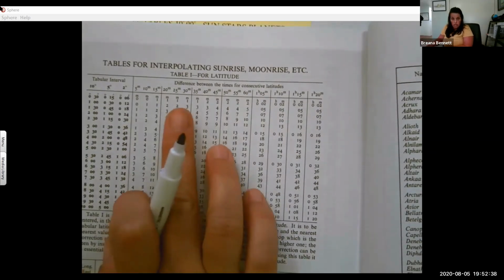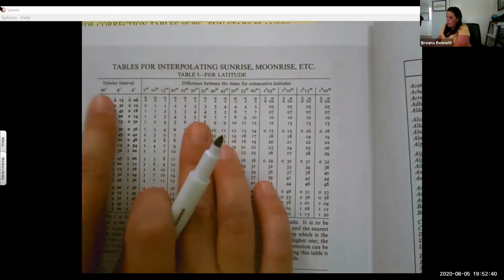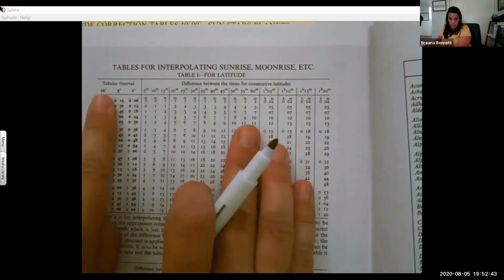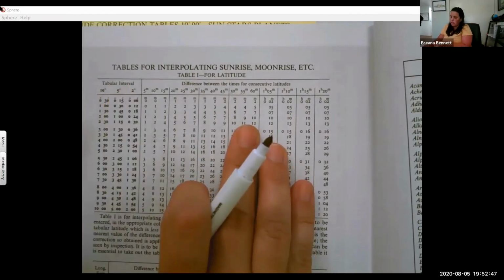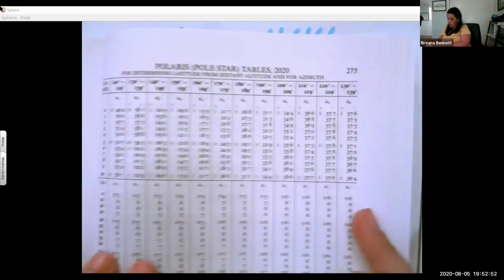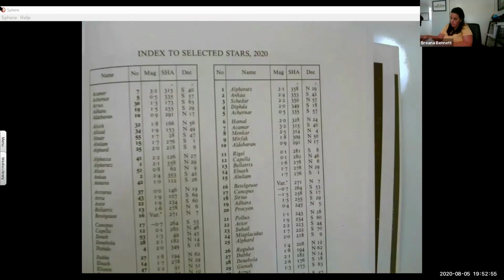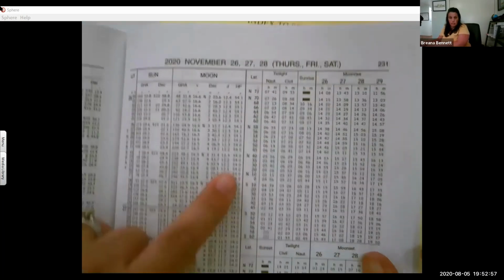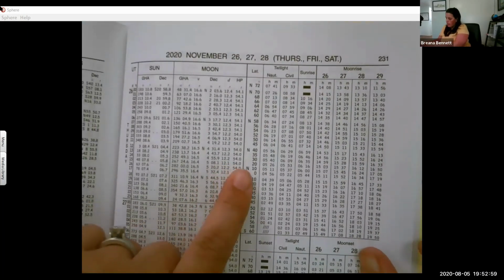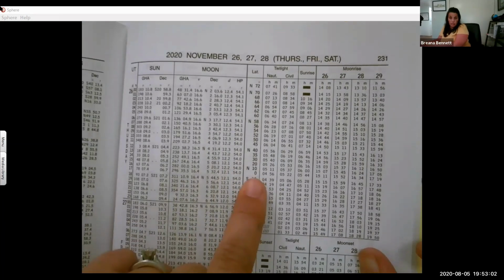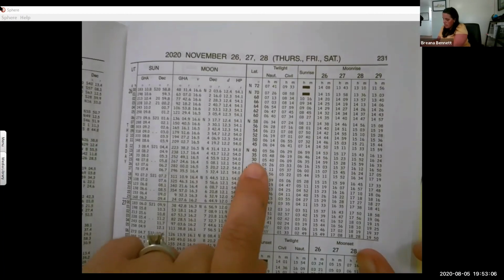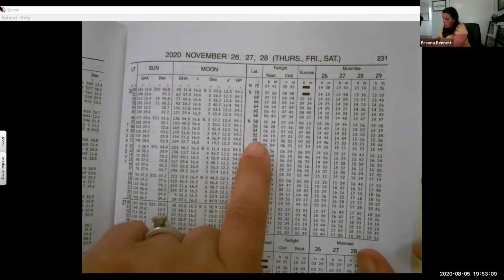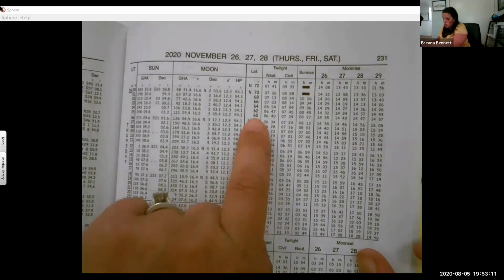Okay, so we have a couple different things here. Our first thing is called tabular interval. So that means what is the difference? Again, I don't have my page number anymore, but in case this one starts at 0 and it has a tabular difference of 10, 10, 10, and then it goes 5, 5, 5, and then 2, 2, 2, 2, 2, 2.